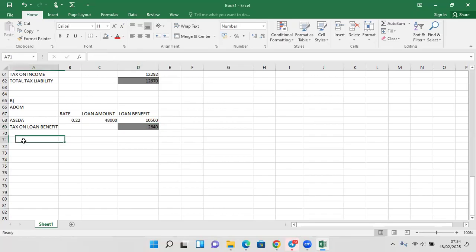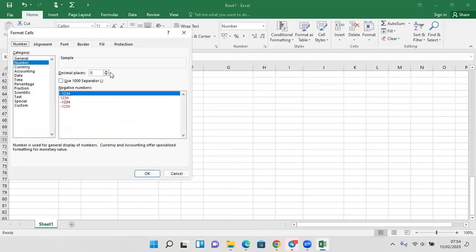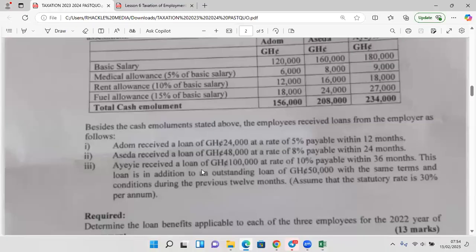Right, now let's move to IAE. For IAE also, he received a loan of 100,000, sorry, and it is payable within 36 months, which is clearly more than that.